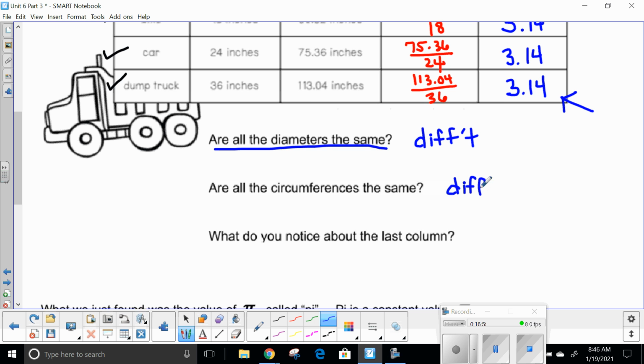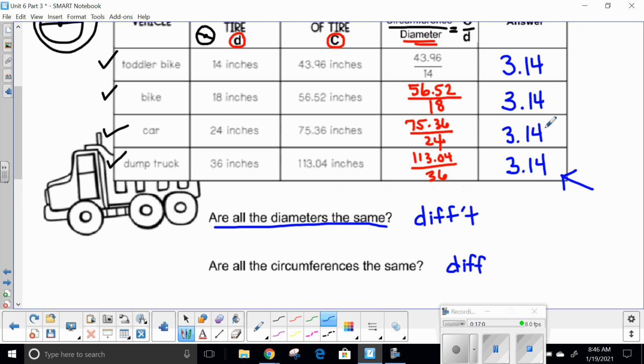But what do you notice about the last column? So you mean to tell me that I can take the top or I can take the bottom, and I can take the distance around those tires, and I can divide it by that tire's diameter.